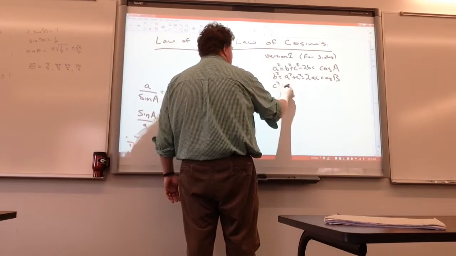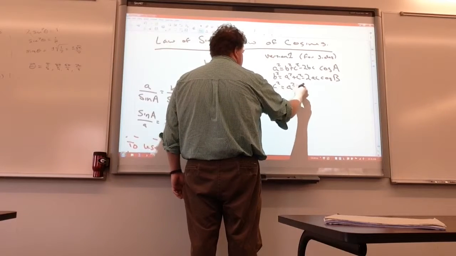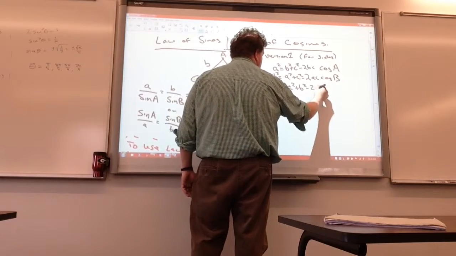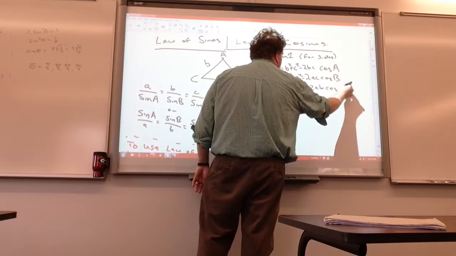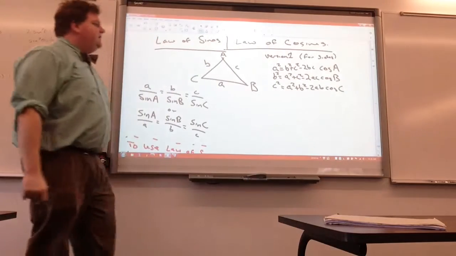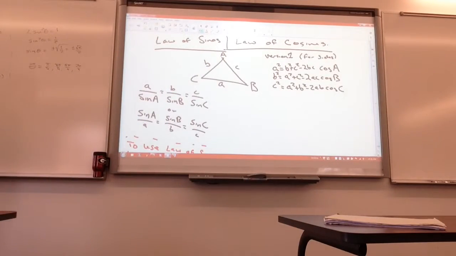And then the last ones follow the same pattern. Technically speaking, the full law is all 3 of these formulas. From a practical standpoint, if you just know the top one, you basically can solve any triangle using the law of cosines.